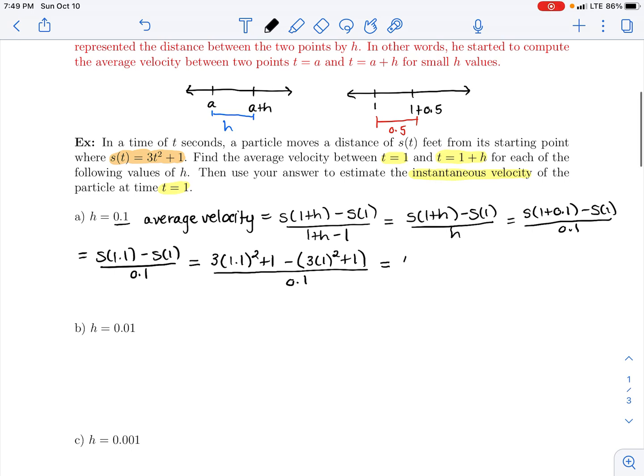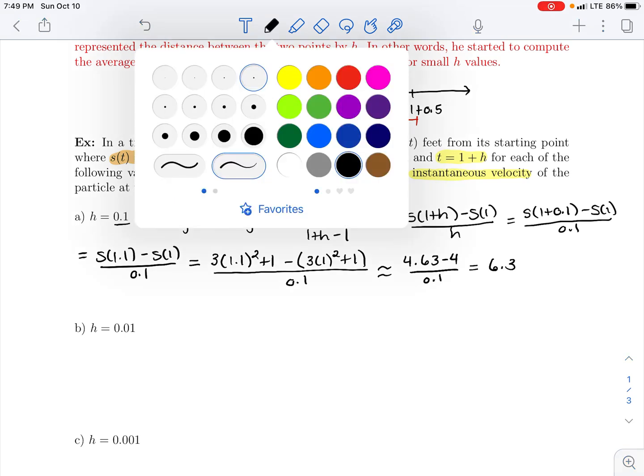Okay, and then now using a calculator, I get that this is 4.63 minus 4 over 0.1, which is equal to 6.3. And so at this stage here, I am using an approximation. Okay, so this is 6.3.